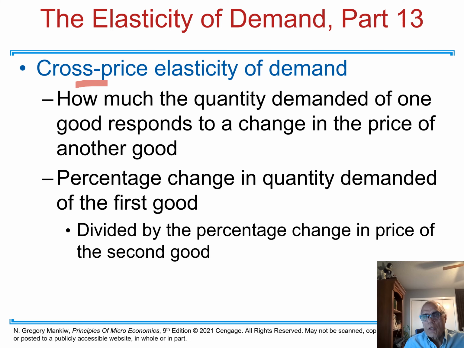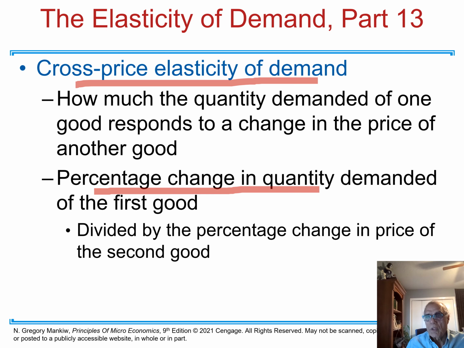How about cross elasticity of demand, which means how much the quantity demanded of one good responds to changes in the price of another good. Remember, we talked about substitute goods and complementary goods. It's the percentage change in quantity demanded of the first good divided by the percentage change in the price of the second good.